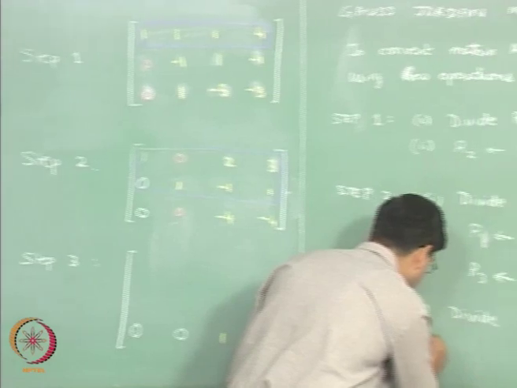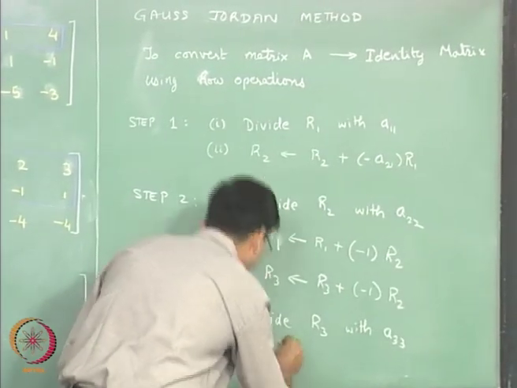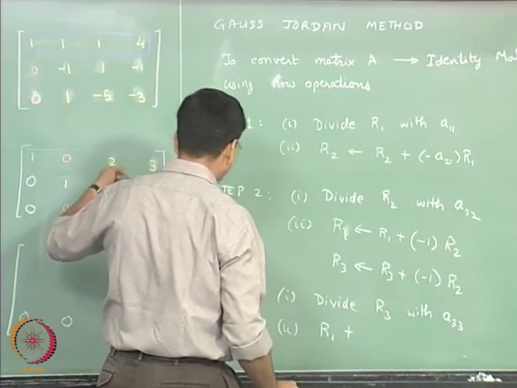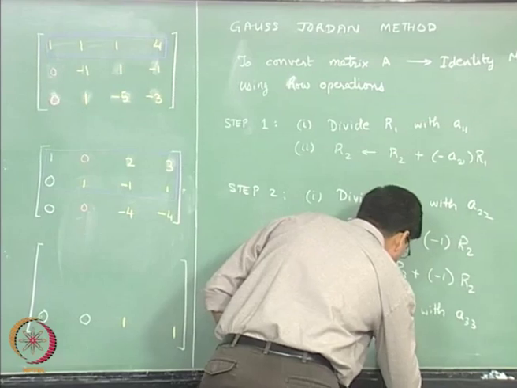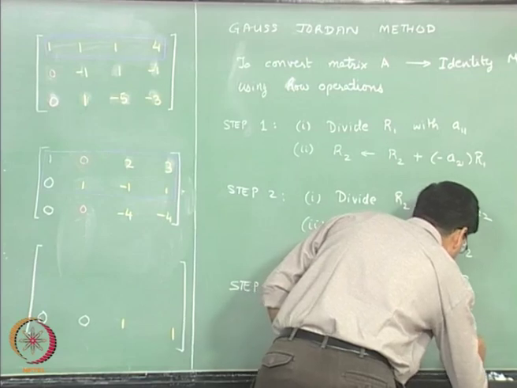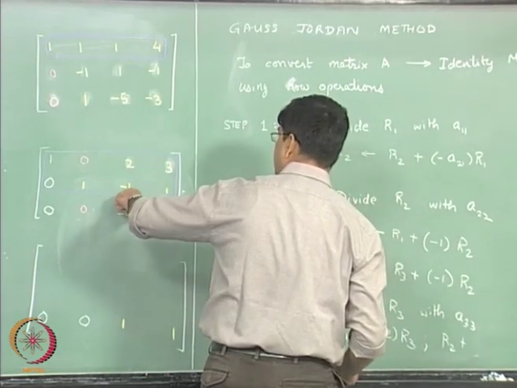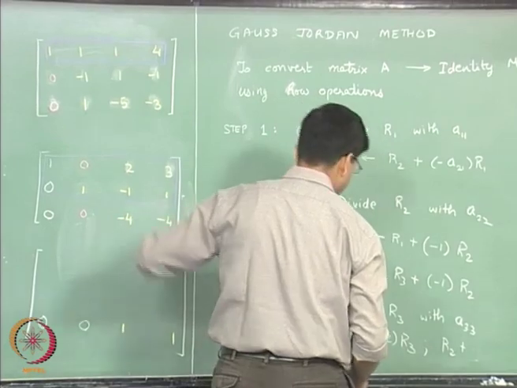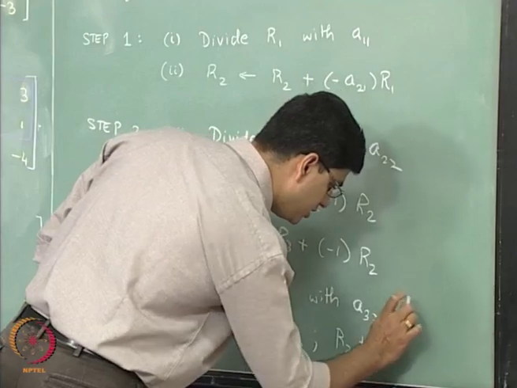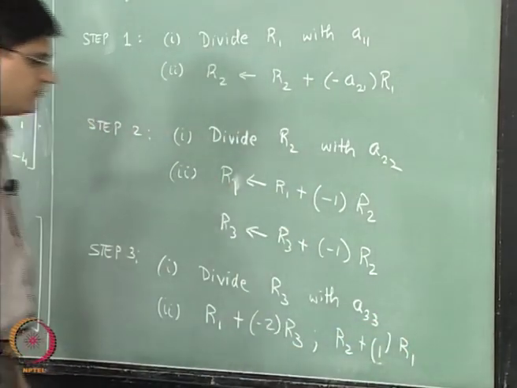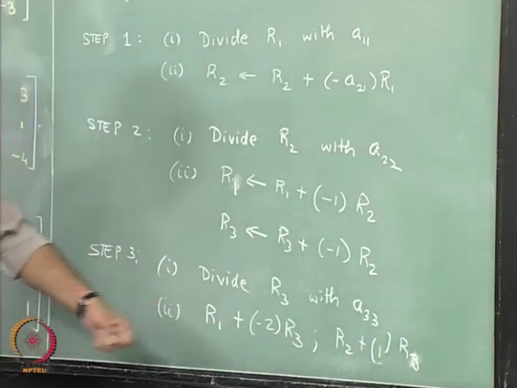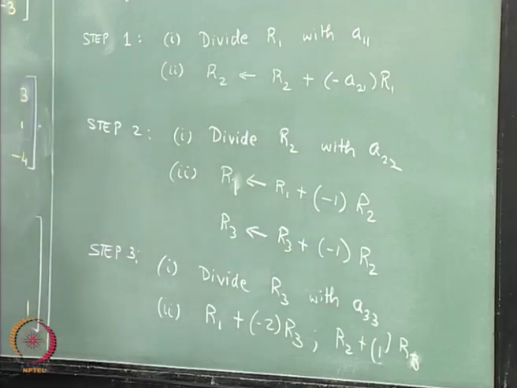Then we will do R1 plus, in this case this coefficient is 2, so R1 plus minus 2 times R3, and R2, where the coefficient is minus 1, so it is just going to be R2 plus 1 times R3. It is minus of negative 1, and therefore it is 1.